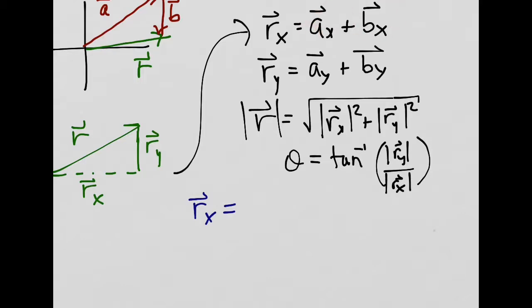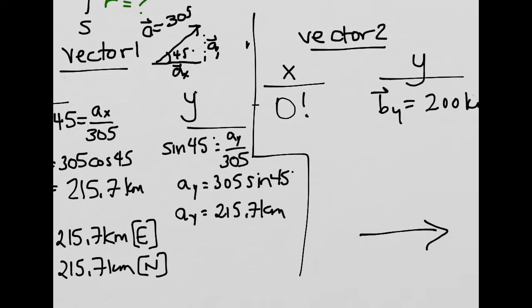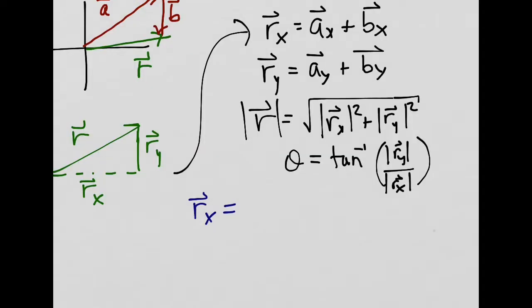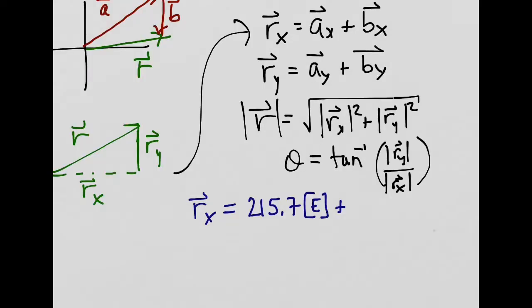The x component of A was 215.7 east, and the x component of B, there was nothing, so you don't have to write anything there.